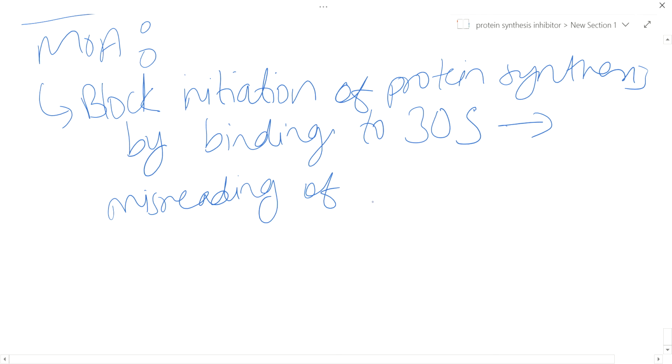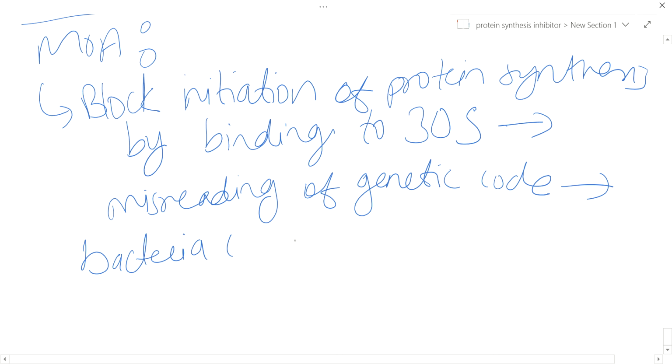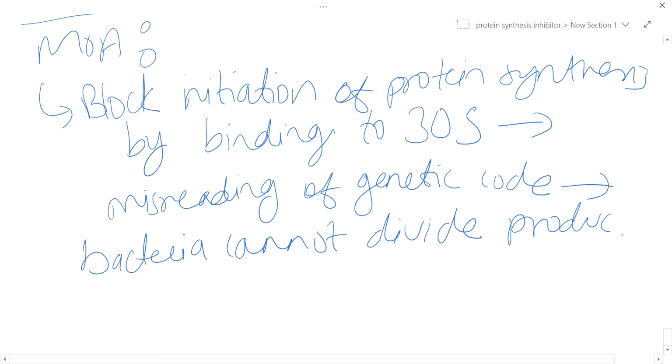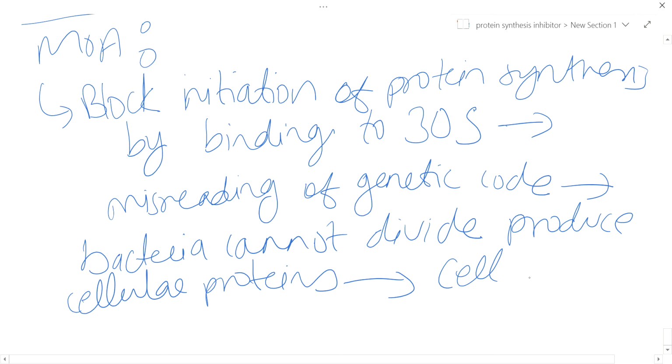Due to this, bacteria cannot divide and produce cellular protein. As a result of this, it causes cell death. So this is the detailed mechanism of action of aminoglycosides.